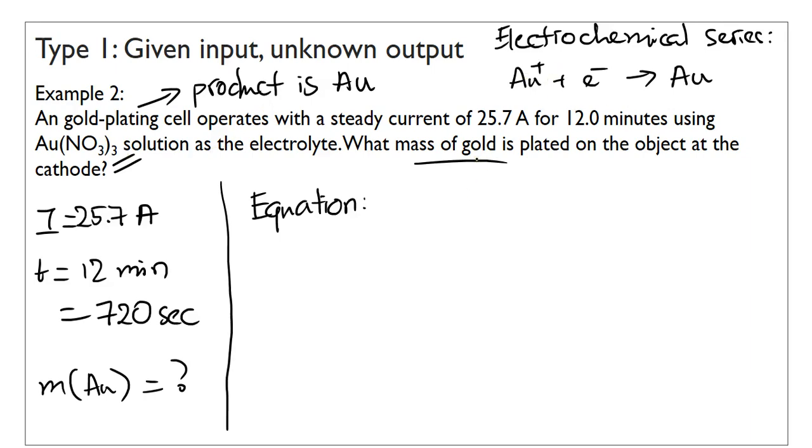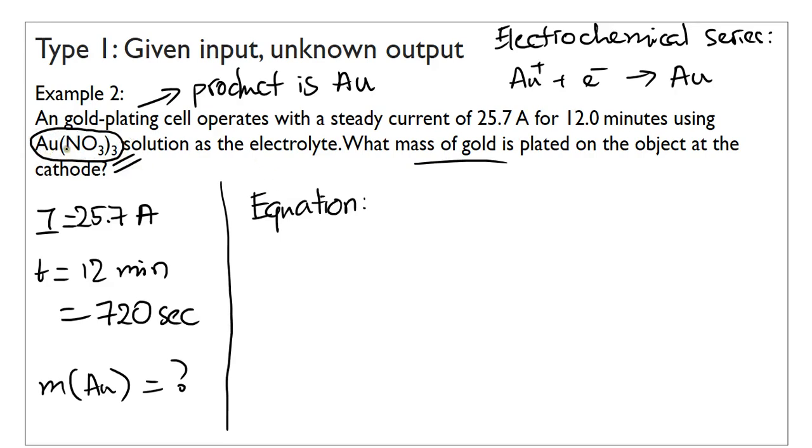So this is going to be an issue for any transition metal that can potentially have more than one type of ion. It is more useful and more accurate to just look at the type of ion that you have in the electrolyte rather than use the electrochemical series, because a lot of the time it will be wrong. And then some other times you don't even have that metal ion in your electrochemical series anyway.